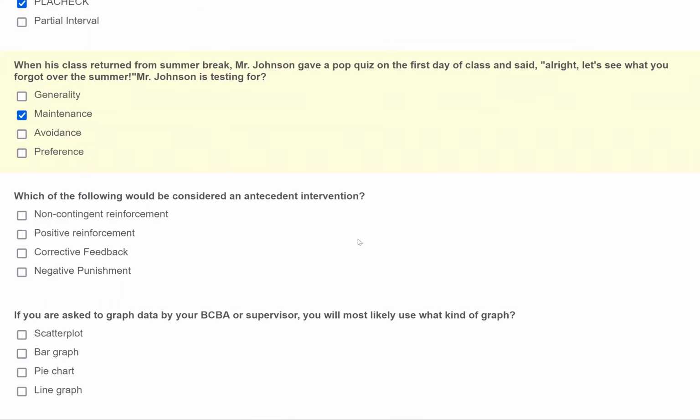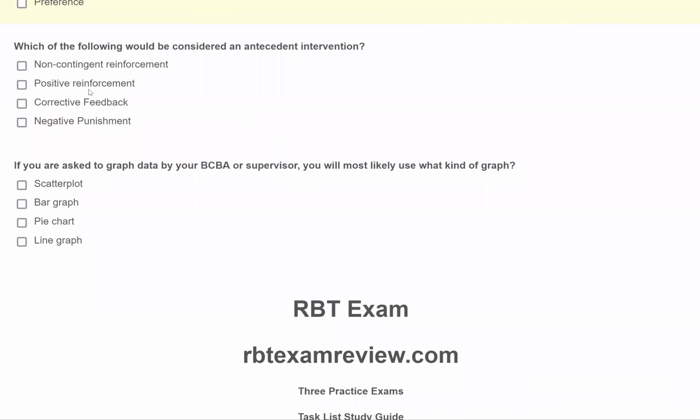Which of the following would be considered an antecedent intervention? Non-contingent reinforcement, positive reinforcement, corrective feedback, or negative punishment. Antecedent intervention comes before the response. It's proactive and it's preventative. Positive reinforcement comes when? Well, comes after the response. So it has to be a consequence.